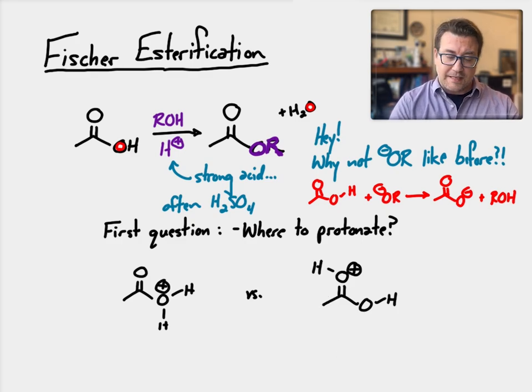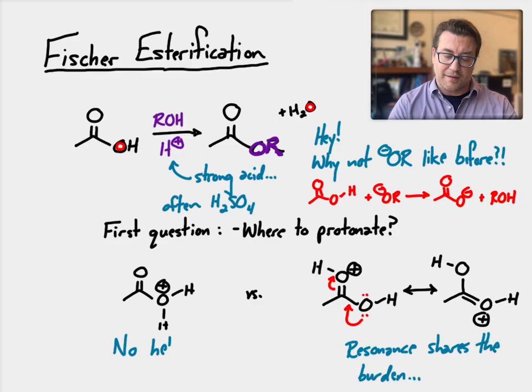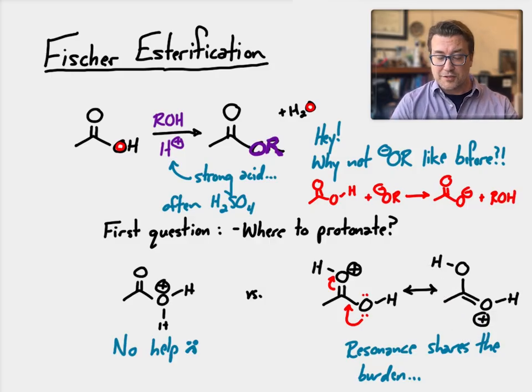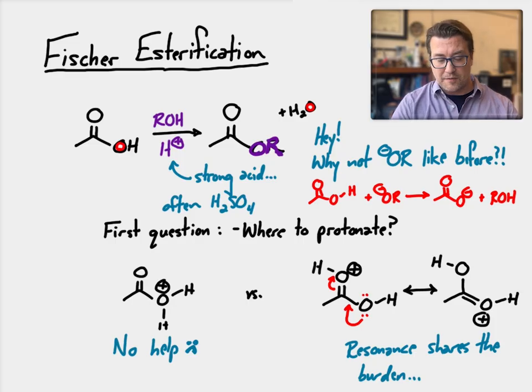If you look at the difference between these two structures, the structure on the right has a resonance structure that can stabilize and share the burden of the positive charge on the oxygen atom across multiple oxygen atoms. So again, in this case, your resonance is stabilizing because you're sharing the burden of a charge. In the case of the structure on the left, there is no such resonance structure, and so there is no help for this burden.